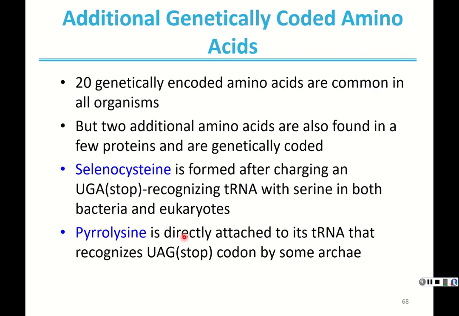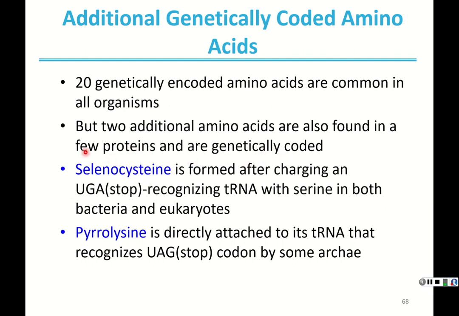There are additional genetically encoded amino acids. So 20 that are encoded are common in all organisms and wind up in protein synthesis. There are 2 additional amino acids that are found in a few proteins that are genetically encoded.